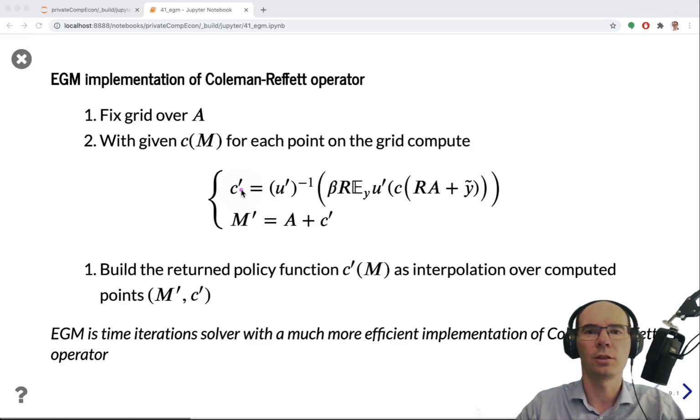And that function is our updated policy function. So EGM can be thought of as a much more efficient implementation of the Coleman-Reffett operator, and then the EGM solution is sort of like time iterations, but with the Coleman-Reffett operator being a lot more efficient.